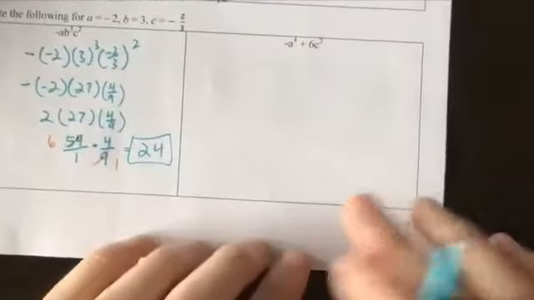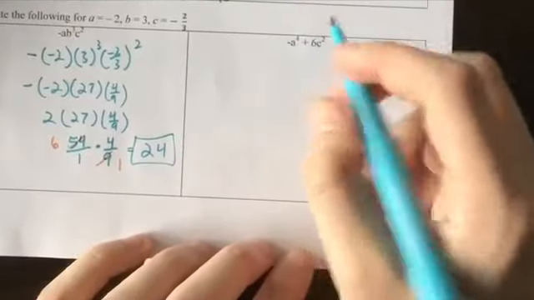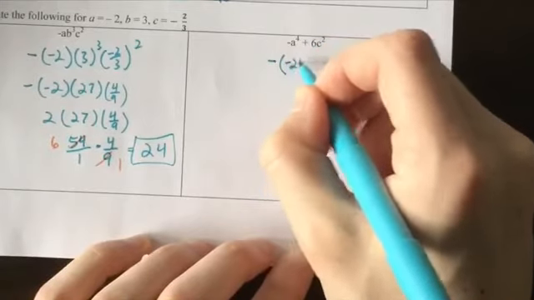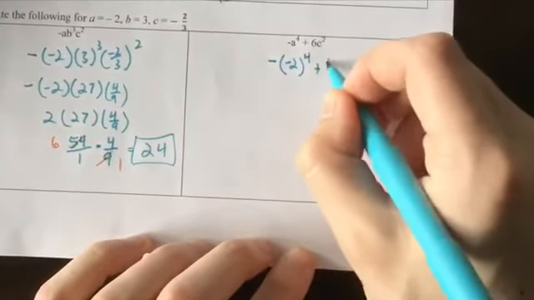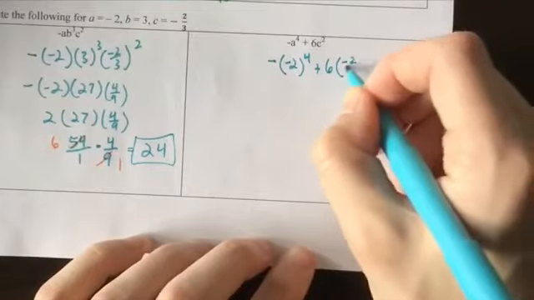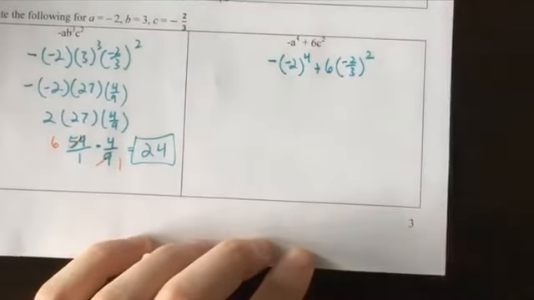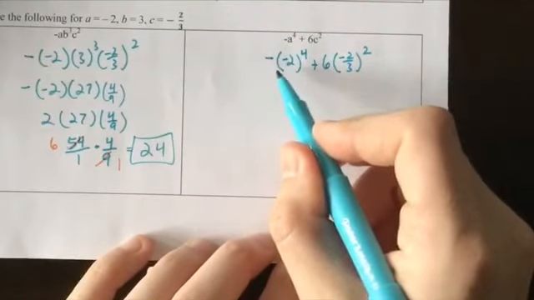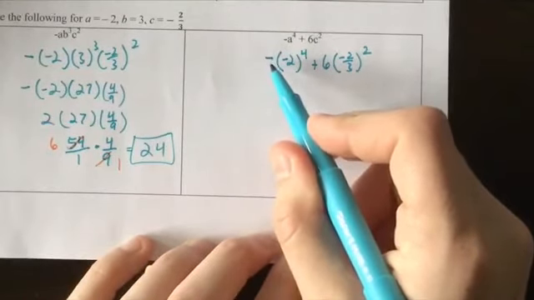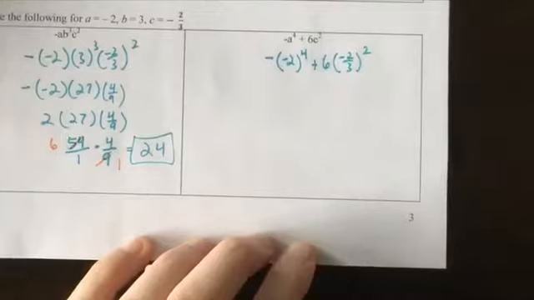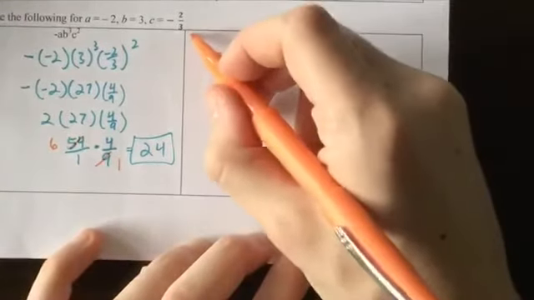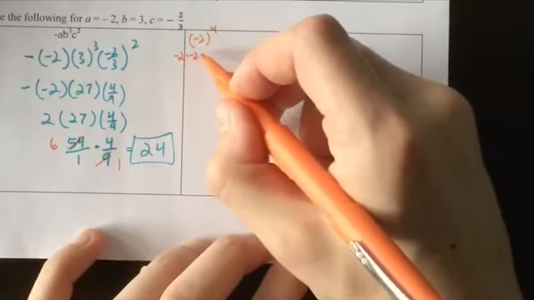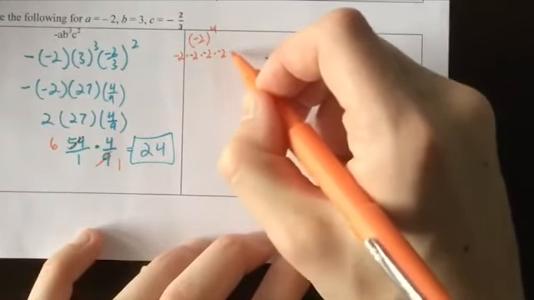Okay. All right, -a to the 4th plus 6c squared. So we're going to have negative, and then in parentheses, -2 to the 4th plus 6 times -2/3 squared. Okay. Do not combine that double sign. Remember, think of that as a -1 times the -2 to the 4th. So as I go off to the side and I think about my -2 to the 4th, that's -2 times -2 times -2 times -2.